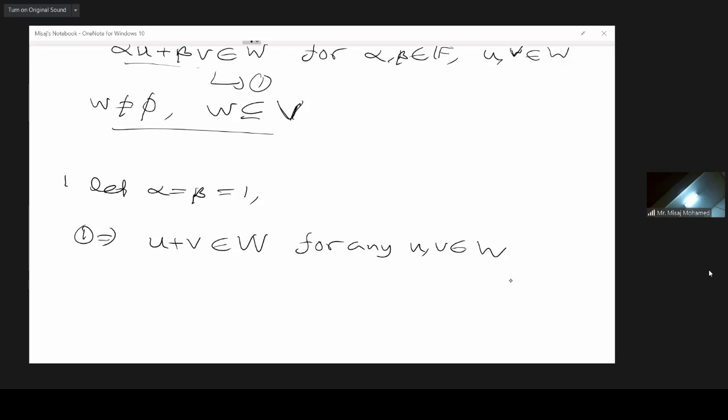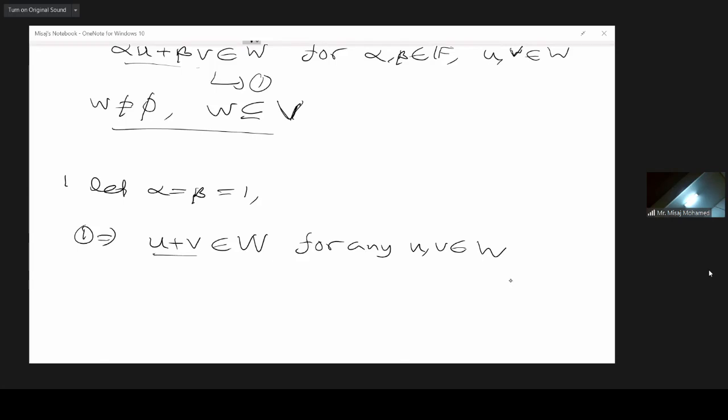All right. So if U plus V is in W, it means the second property automatically holds, no? U plus V is V plus U, no? Understand?